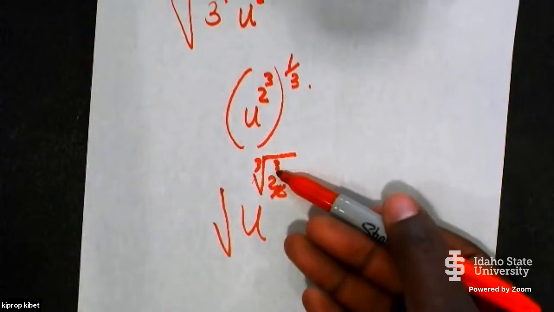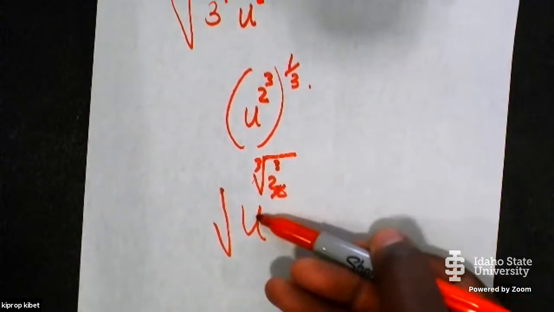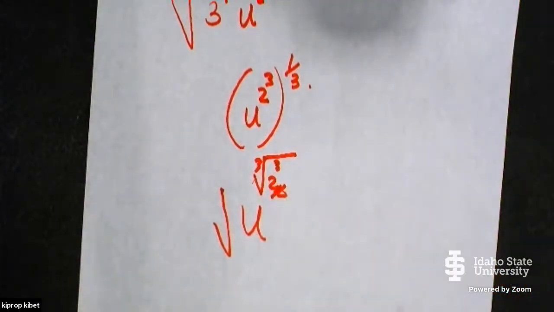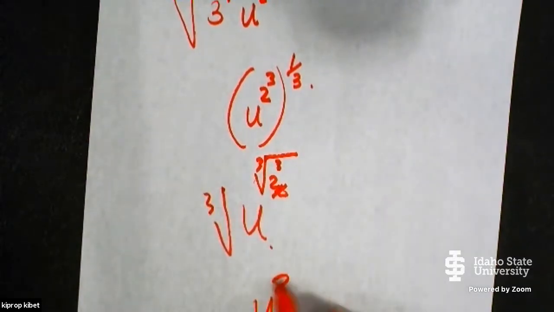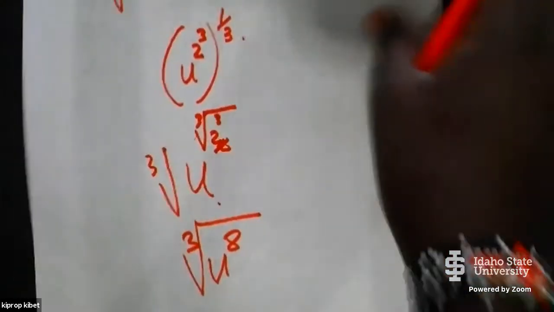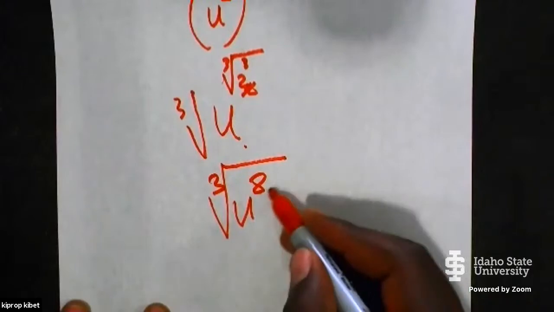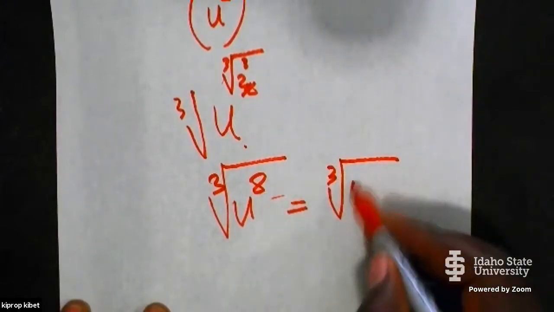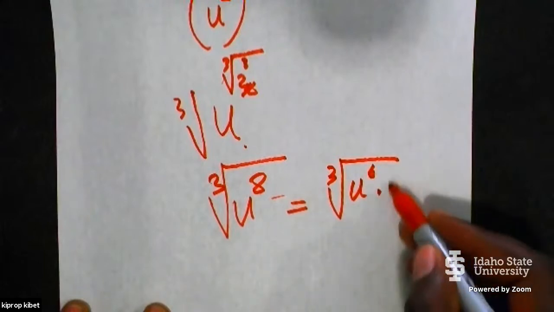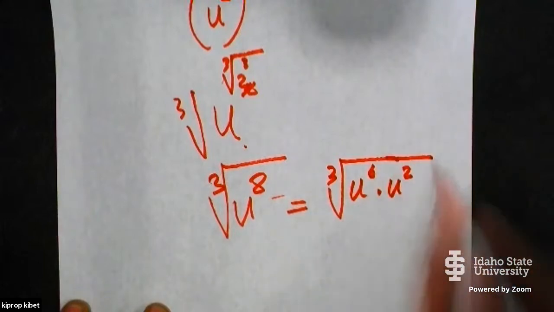So you cancel the 3 here, then it becomes u raised to 2. But now it's the whole of this one, which is u raised to 8, the cube root of that. So the cube root of this is the same as the cube root of u raised to 6 times u raised to 2. Okay?